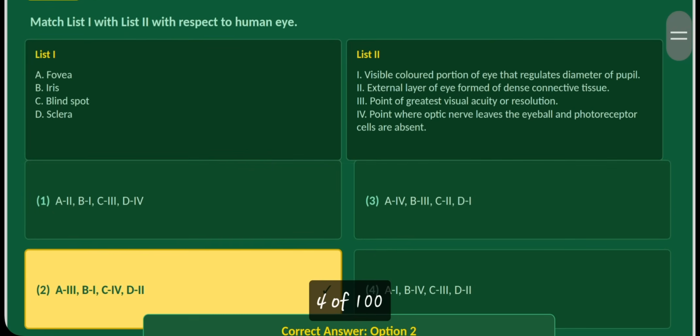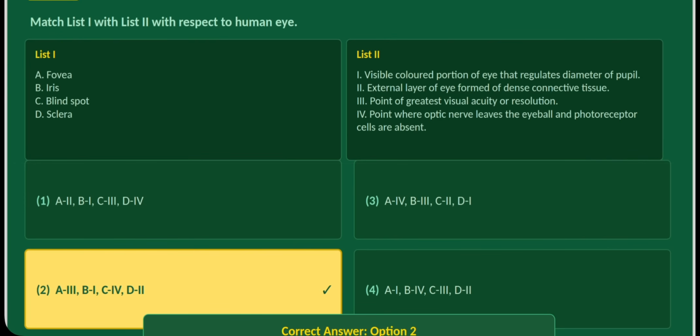The correct answer is the second option. A is 3, the point of greatest visual acuity or resolution. The best vision that we can have is at the fovea. Iris is 1, the visible colored portion of the eye that regulates the diameter of the pupil.